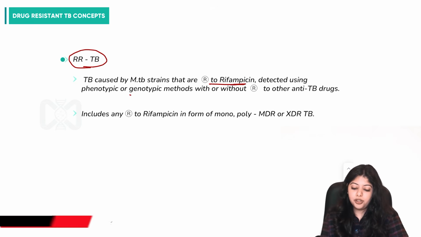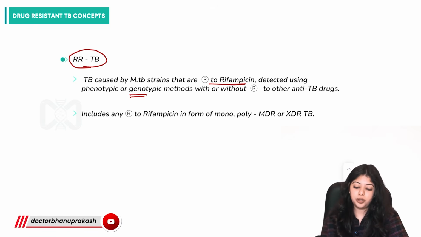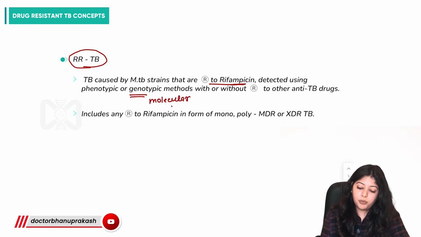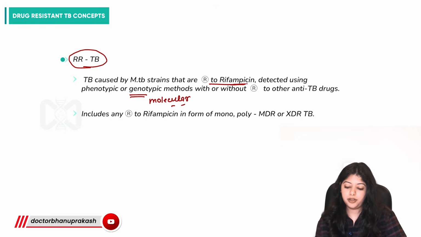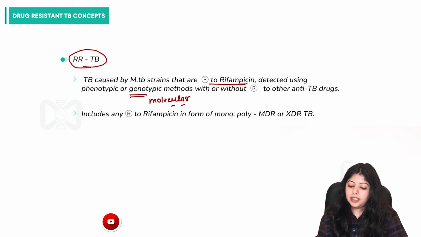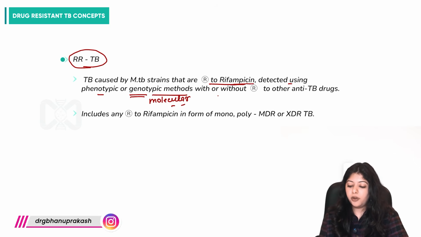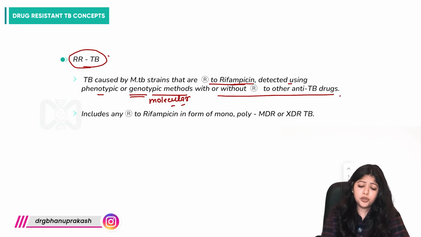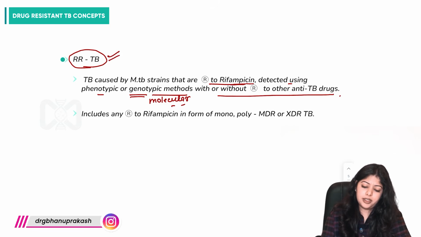We are using majorly genotypic methods, which include the molecular methods to detect any form of resistance pattern, right? So resistance to rifampicin, which is detected using phenotypic or genotypic methods, with or without resistance to any other TB drug. So there is only going to be resistance seen for rifampicin.